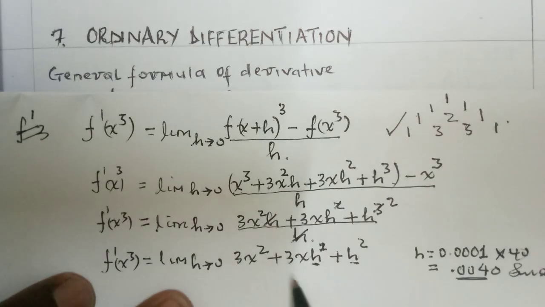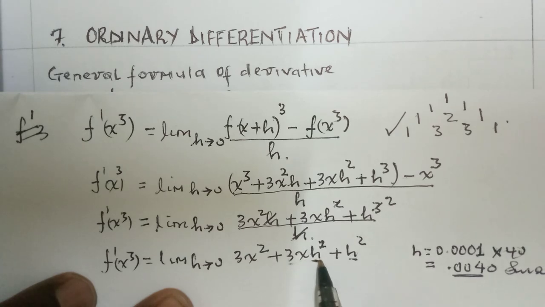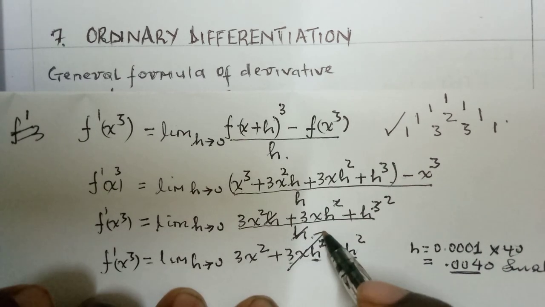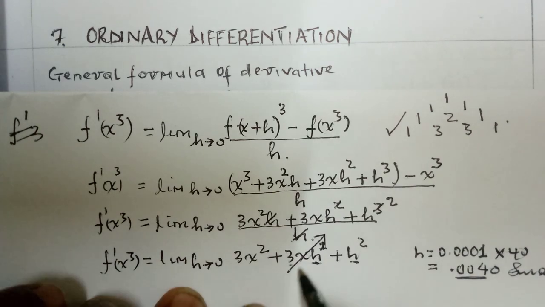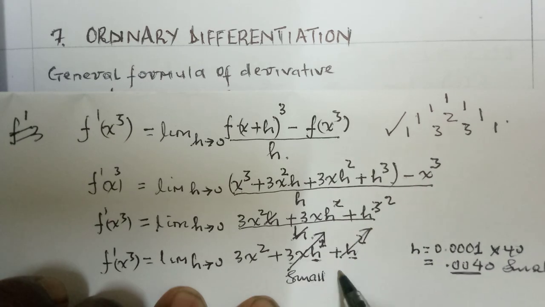So if you have a large figure here, which is 3x, you multiply by a small figure, you will get a small figure. So this one is small as h tends to 0, and this one is also going to be small.